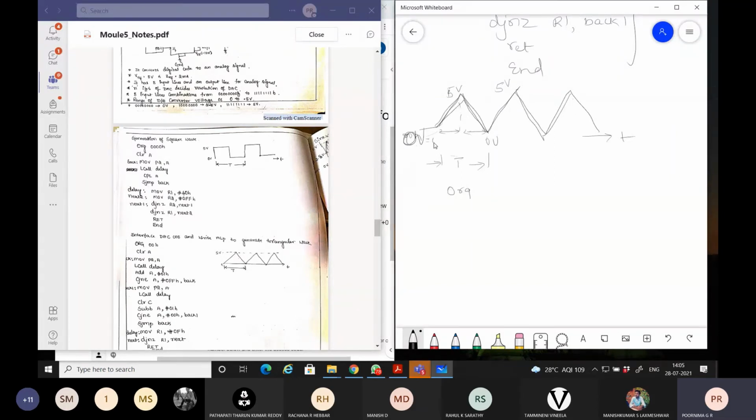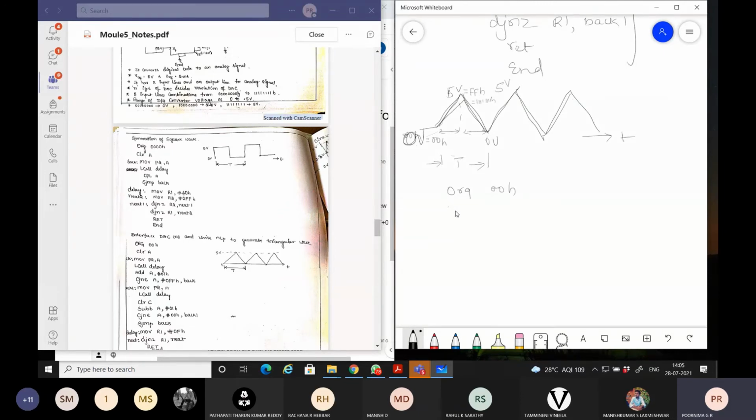This 0 is 00H or 0000 in binary, and 5 volts will be equal to FFH or 11111111 in binary. These two values and the in-between values need to be continuously sent to port 2. So for that let us see the program: ORG 00H.